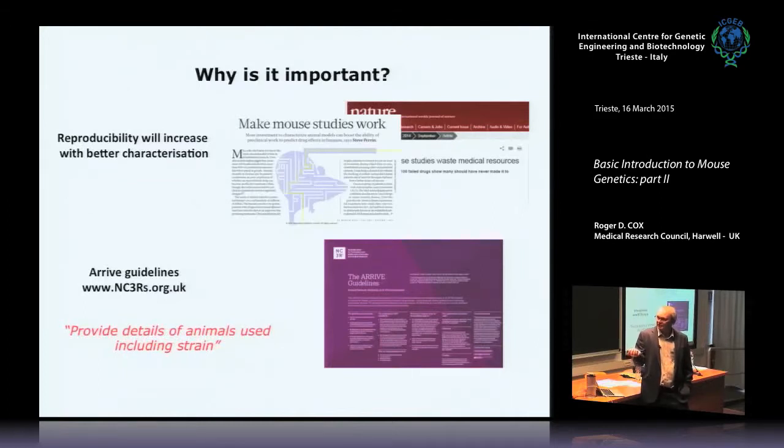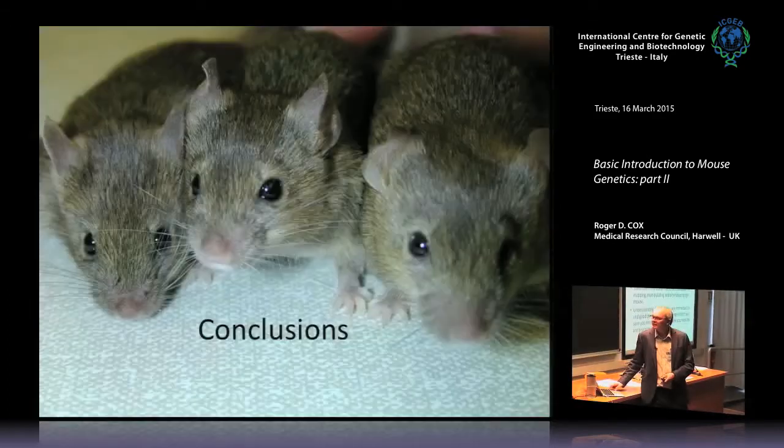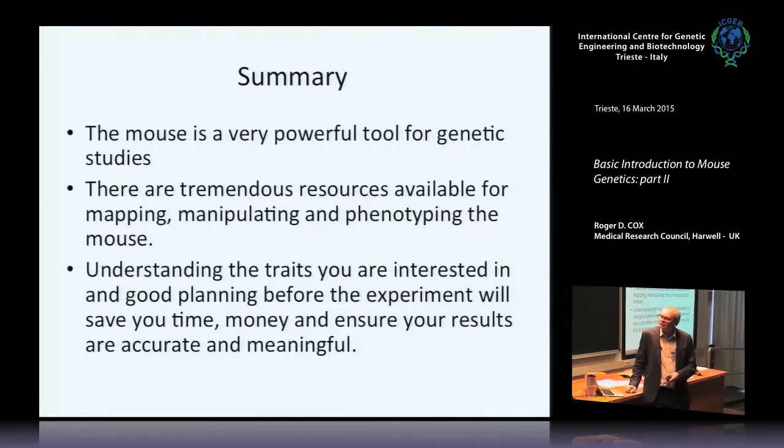So you need to be aware of these because lots of journals are now asking for you to be compliant with these. There's no point in doing an experiment and then realizing you've missed something out, because you might not get your paper accepted if you don't meet the guidelines or can't explain why you don't meet the guidelines. So, be aware of these guidelines. It's useful information and advice. So the mouse is a very powerful tool for genetic studies.